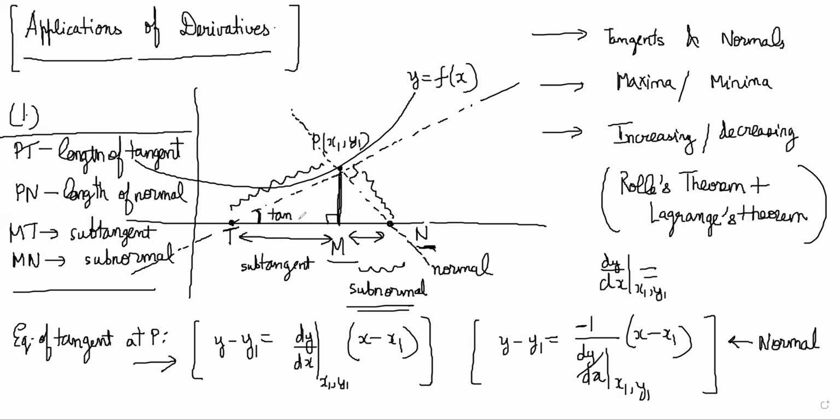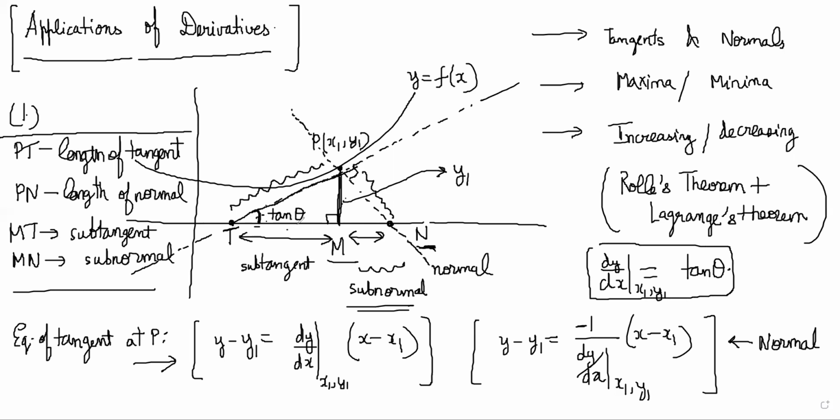Given a curve, you can find dy by dx, and so you know tan theta here. Since this is (x1, y1) and this is perpendicular, this length is simply y1. So y1 is known and tan theta is known, then you can find this also. Basically tan theta will be y1 by this.